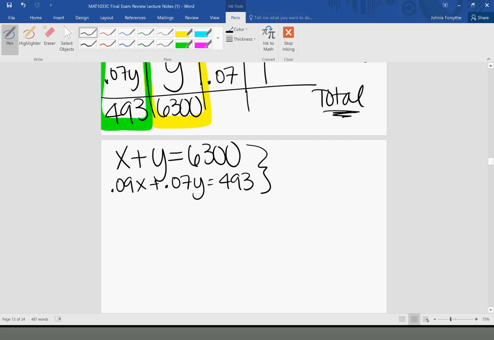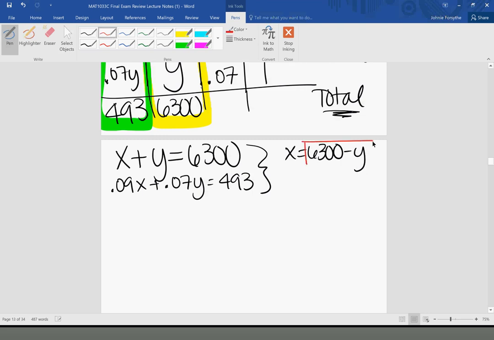So I would use substitution, because since I have decimals, that would be kind of awkward and a pain to get opposites by multiplying. So I'm going to use substitution. I'm going to solve the first one for x. So I'll have x equals 6,300 minus y.